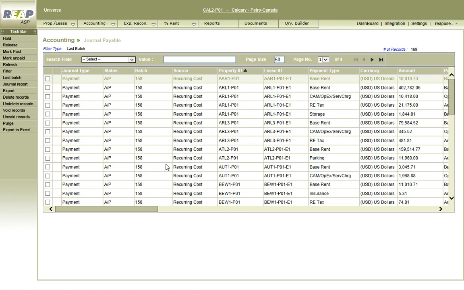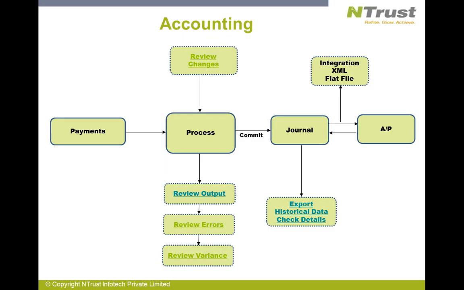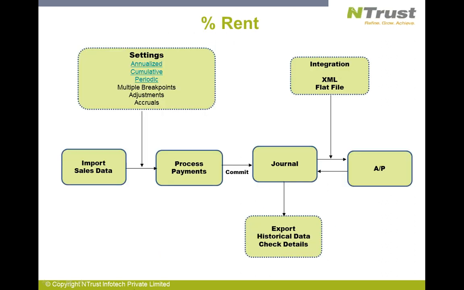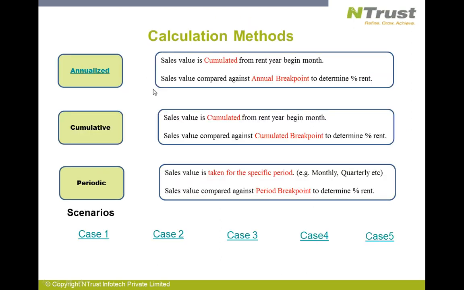Now we'll move on to percentage rent. For that, I'm going to go back to the PowerPoint. In percentage rent, we have various settings available in REAP for you to calculate percentage rent. For example, you can have an annualized method where your sales value is cumulated from when a rent year began against an annual threshold.